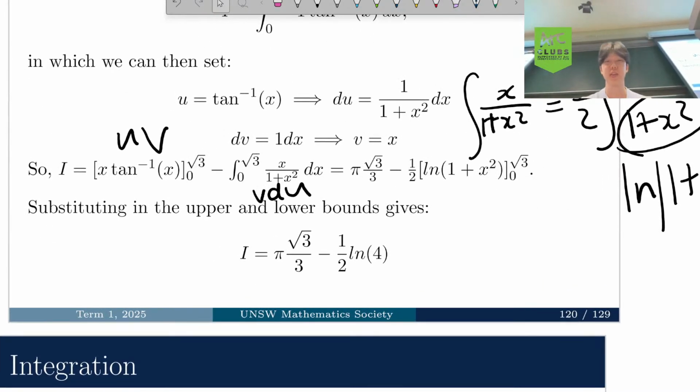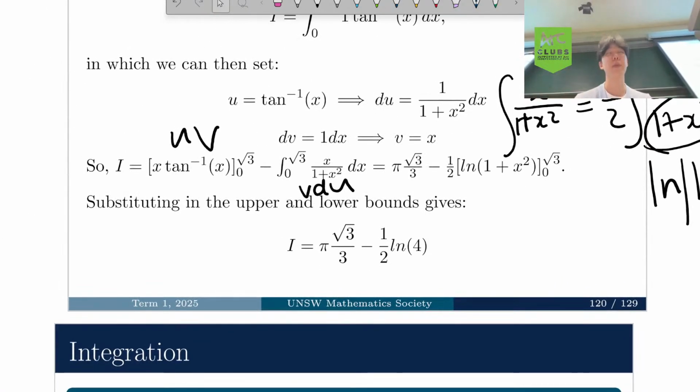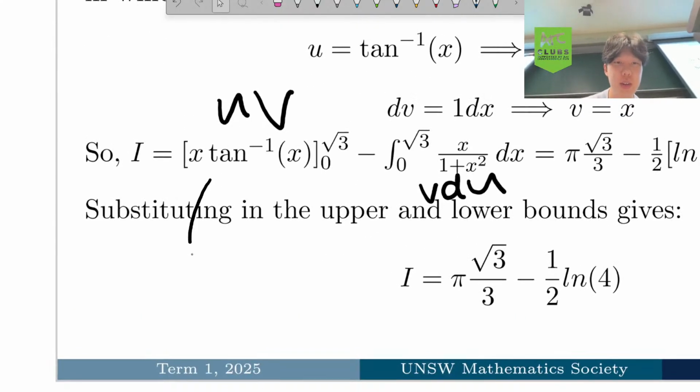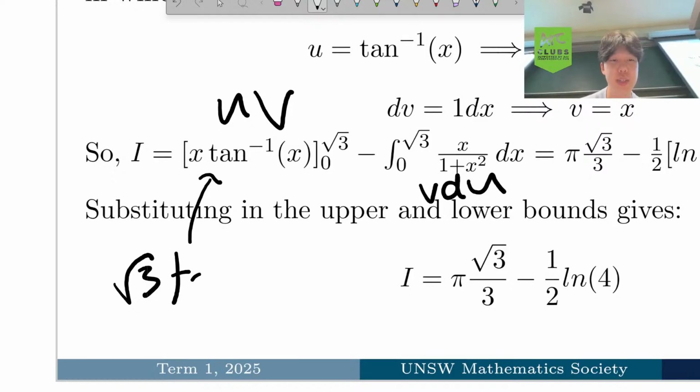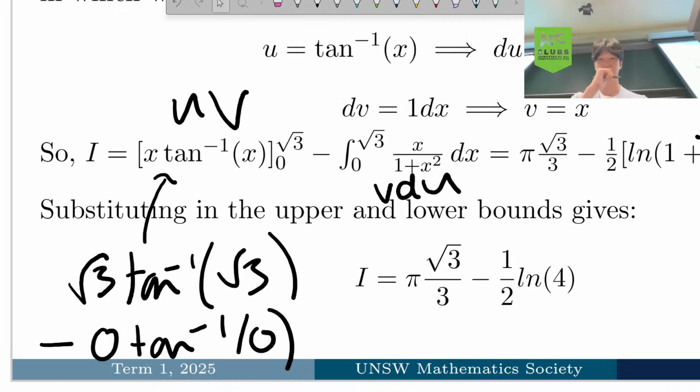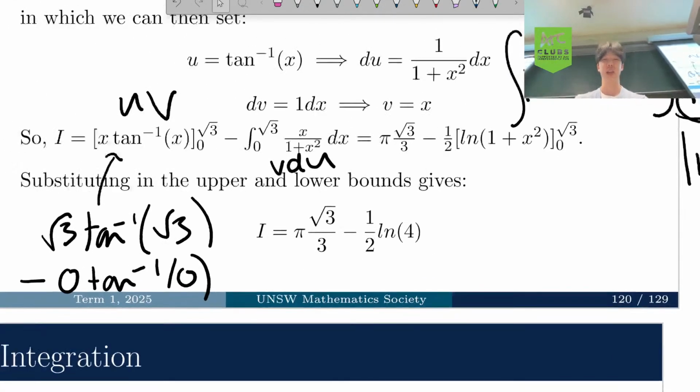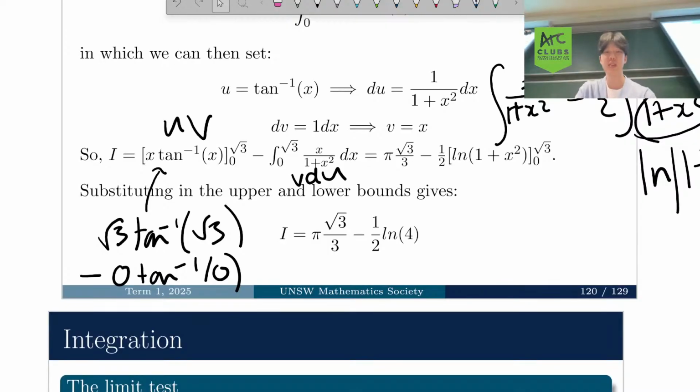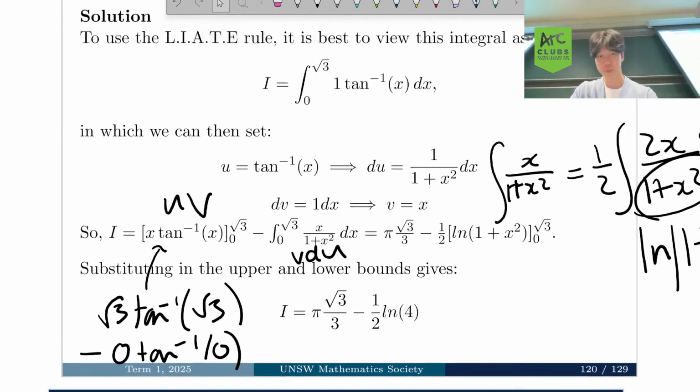So that's how you integrate that. And since we had bounds, we just plug in the bounds. For example, in here, we're going to plug in root 3. So root 3 tan inverse root 3 minus 0 tan inverse 0. And same thing for the ln, and substituting everything, this is our final answer.